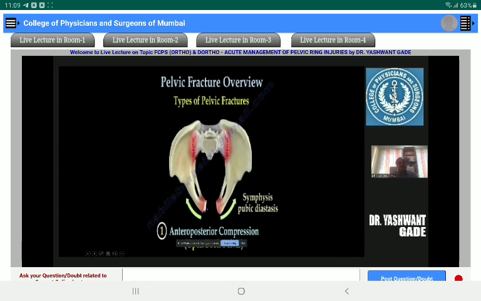So there is a gap between the two pubic bones, and disruption of the pubic symphysis. This is the joint which is disrupted, and also there is disruption of the sacroiliac joint. So this is anterior-posterior compression. We also label it as open book fracture of the pelvis.